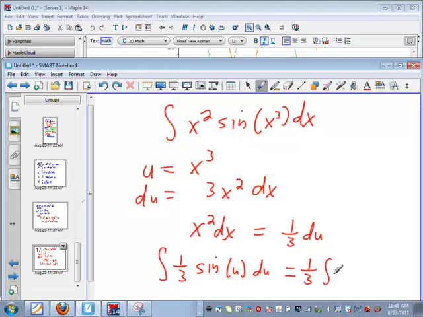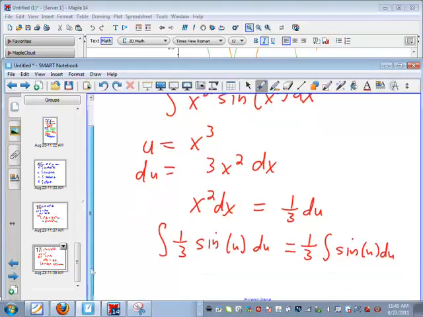We'll just put it on the outside. Now this just becomes the antiderivative of the sine of u du. So we just pull the 1/3 out. That was one of the first rules that we had from the antiderivatives. In our sleep now, this is 1/3, and then the antiderivative of sine is, what is it? Negative cosine, right? Negative cosine u plus a constant.